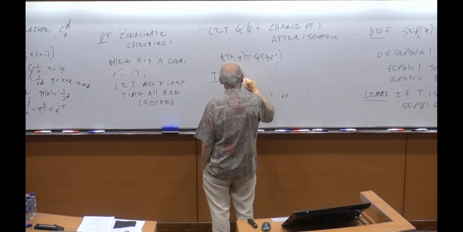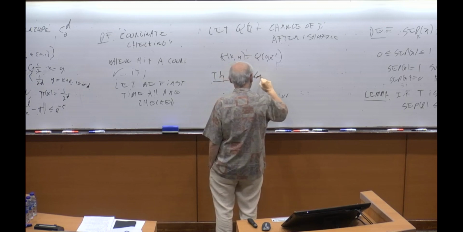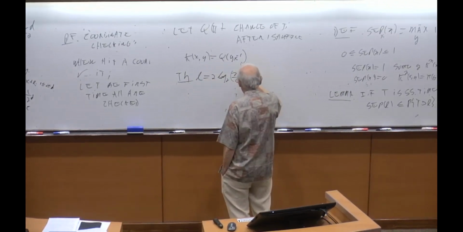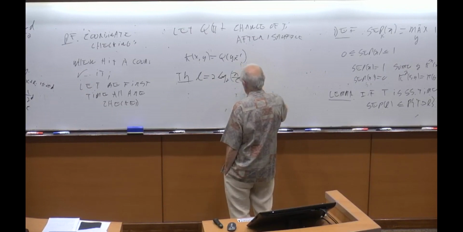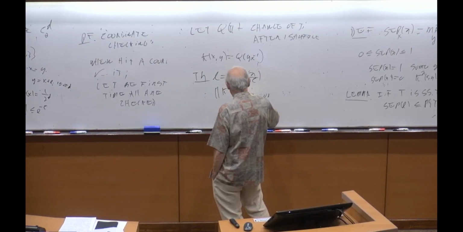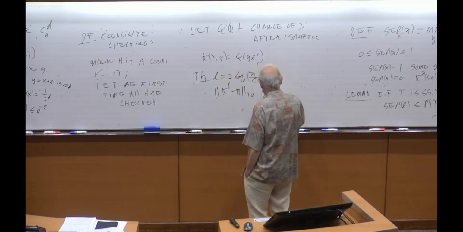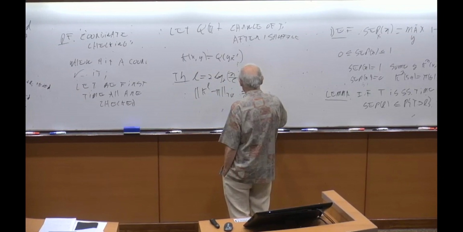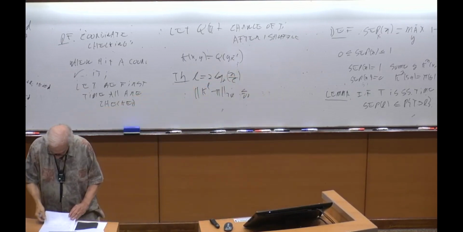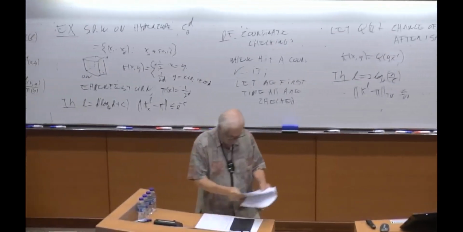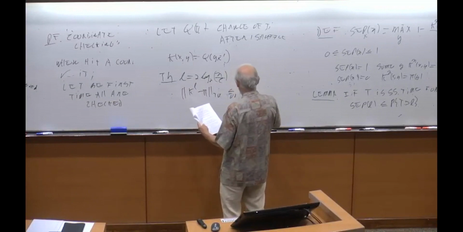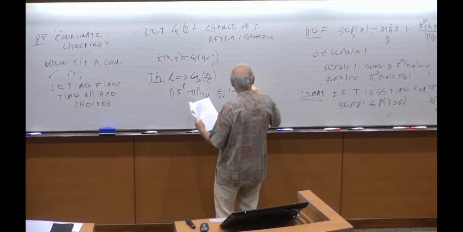If L is equal to 2 log to the base 2 of n plus c, then the distance of K^L minus pi, and I'll keep with total variation, is less than or equal to, let's see, I never write it that way, and I did carefully write it down, so I might as well carefully write it down. It's 1 minus e to the minus c squared over 2.